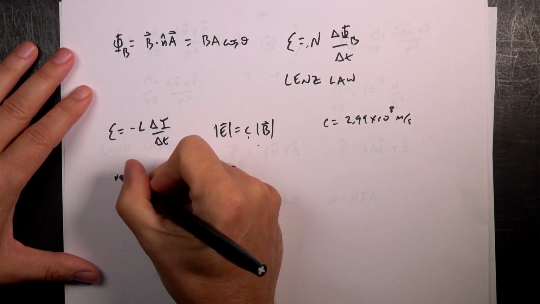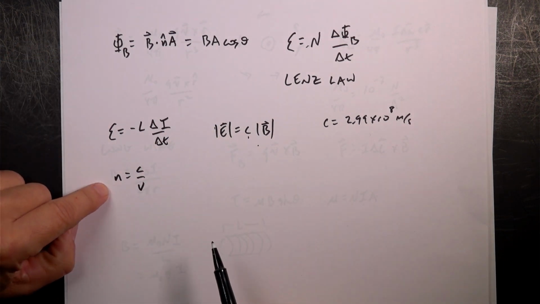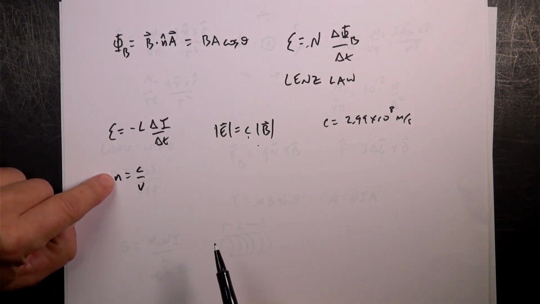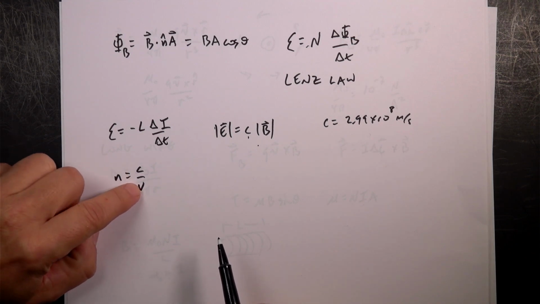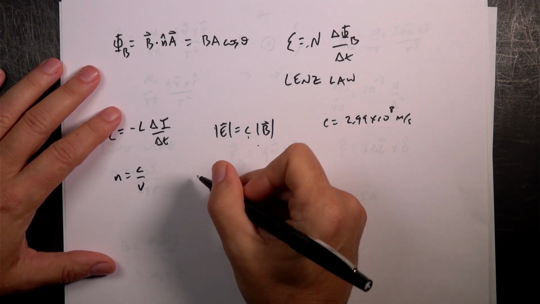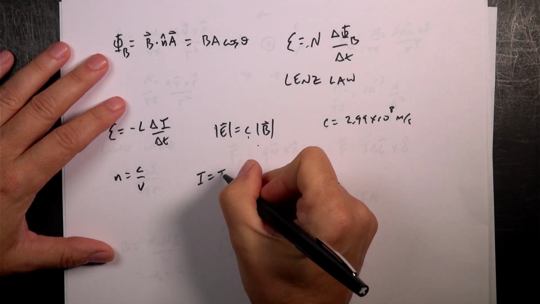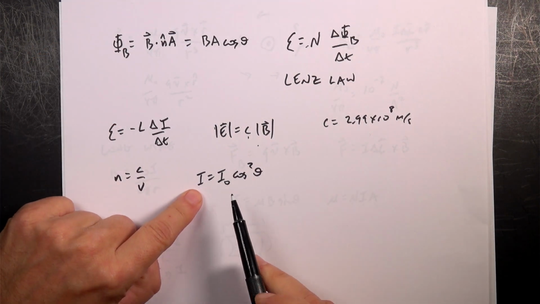We have this, n equals C over v. This is the index of refraction. This is the ratio of the speed of light in a vacuum to the speed of light in a material. So that v is the speed of light in the material. We have this, I equals I0 cosine squared theta. This is for polarized light.